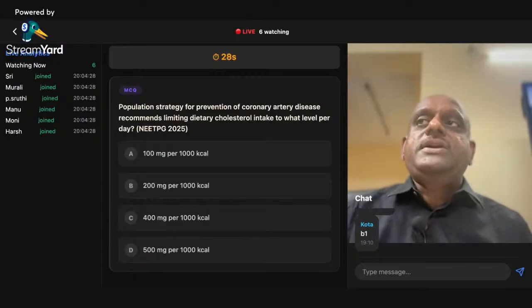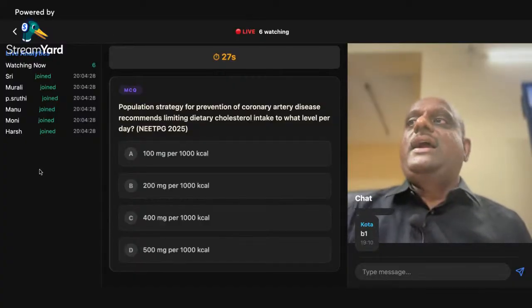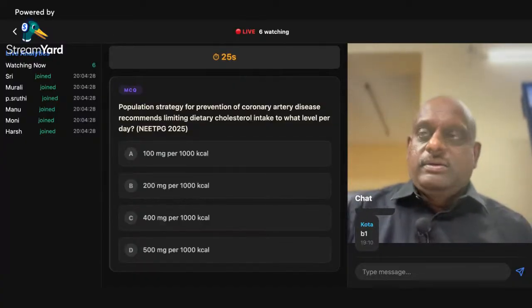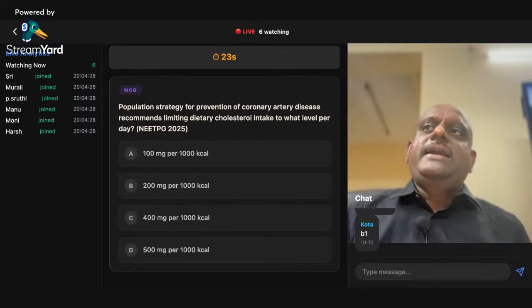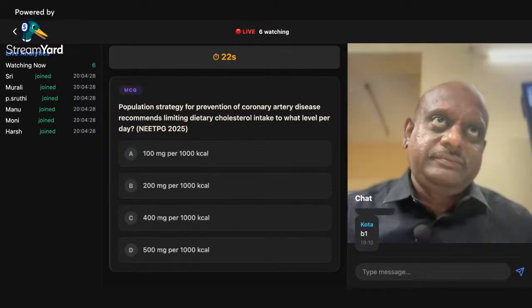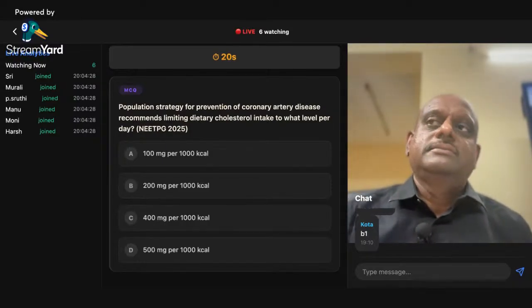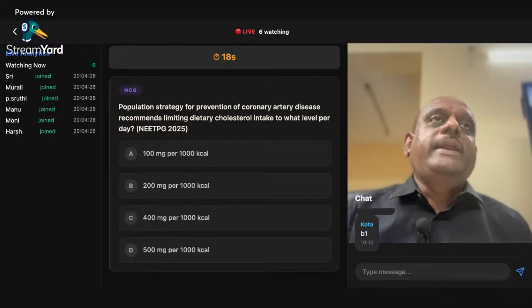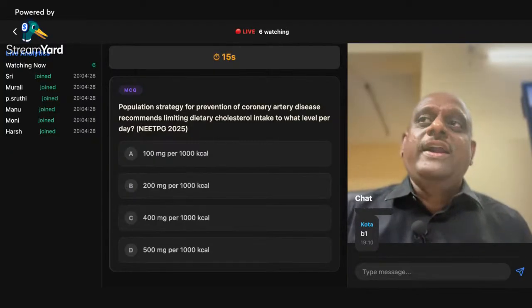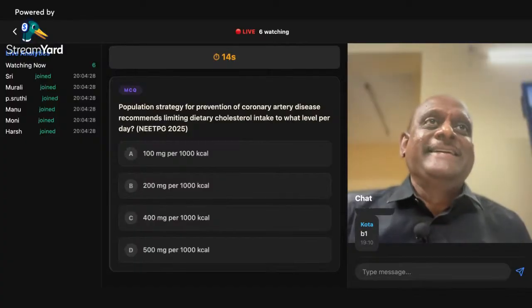A population strategy to prevent coronary artery disease. What does it recommend for cholesterol intake per day? How many pizzas can you eat every day according to the population strategy?